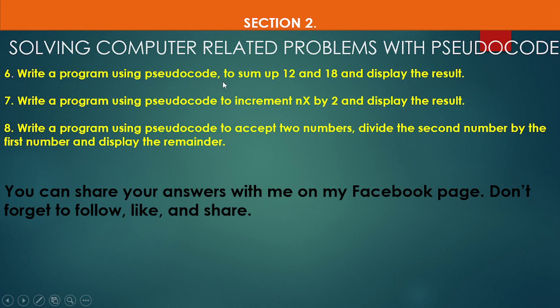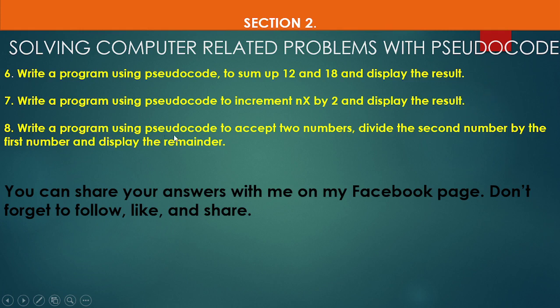Write a program using pseudocode to sum up 12 and 18 and display the results. Write a program using pseudocode to increment n x by 2 and display the results.